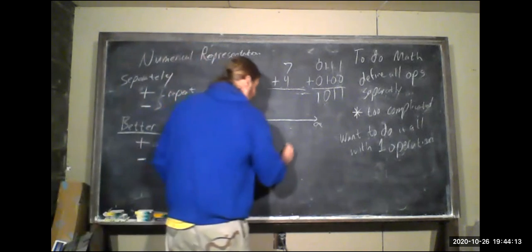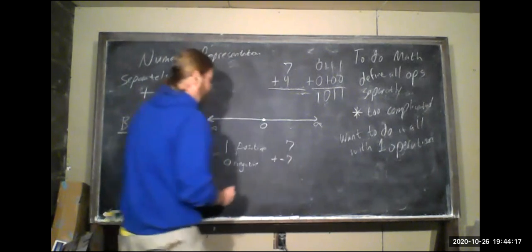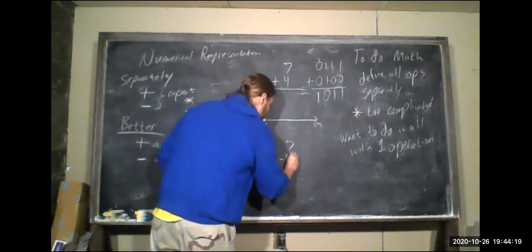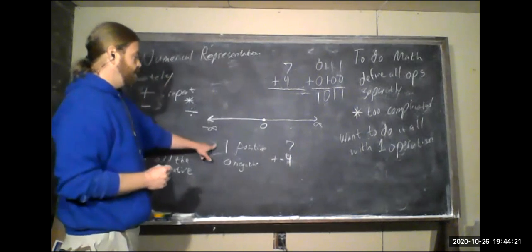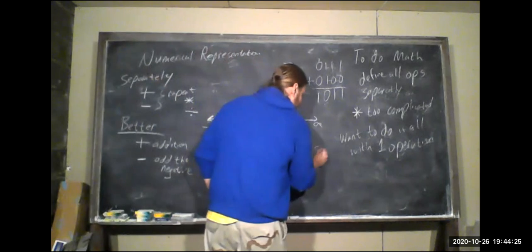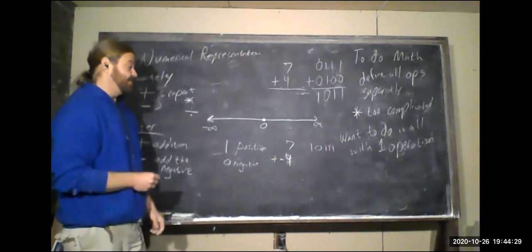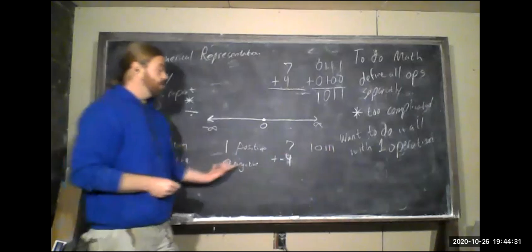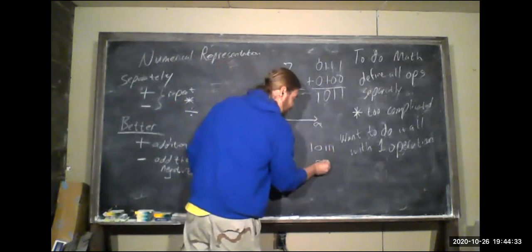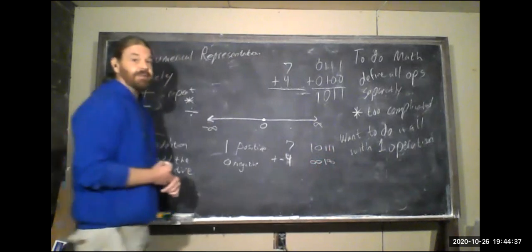So then if we had a 7 plus negative 4, well, 7's positive, so we just write the binary representation of 7 and add a 1 at the beginning to say it's positive. 4 is negative, so we write the binary representation of 4 and then put a 0 at the beginning to say it's negative.